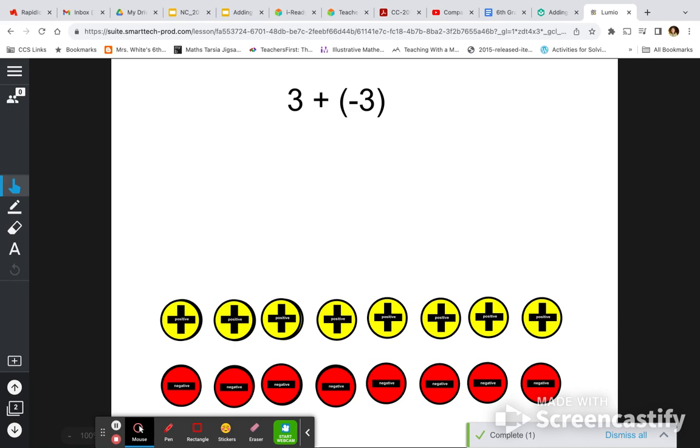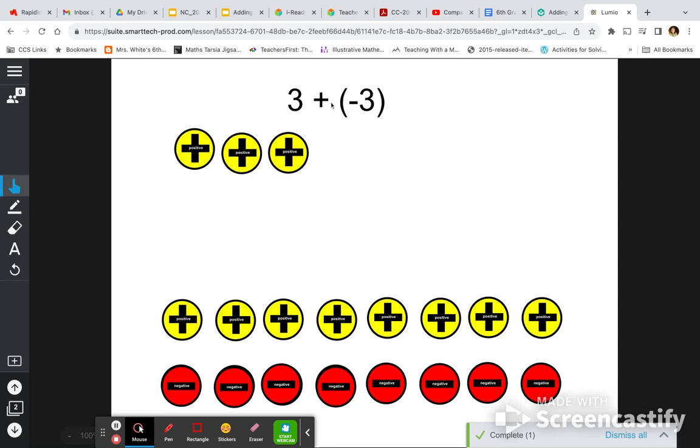If not, you can always draw a simple picture to represent this. The first number is 3, and there isn't a sign in front of it, so we know that's +3. So I'm going to take 3 of these positive chips. To draw a picture, you could draw 3 circles and put a plus sign in the middle of those circles.